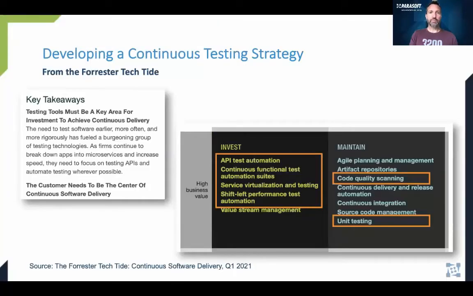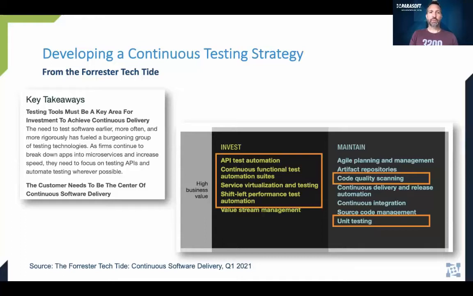So again, that same report, the Forrester Tech Tide of Q1, gives us some interesting hints. So first of all, that Tech Tide is a continuous software delivery Tech Tide. It actually isn't a testing report. It's not a quality report. It's about continuous software delivery and all of the practices across the SDLC that are important to continuous software delivery.